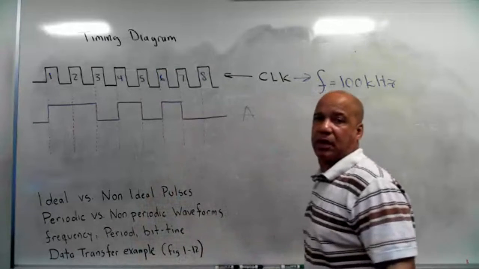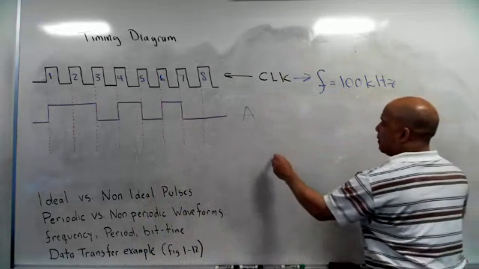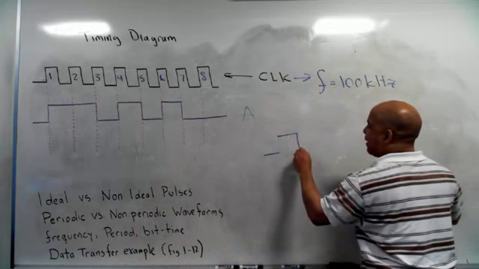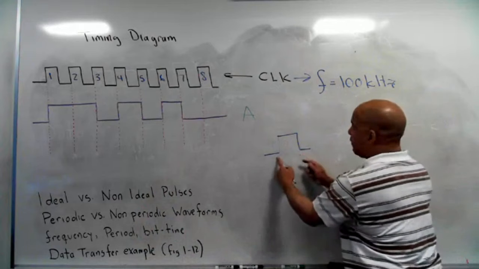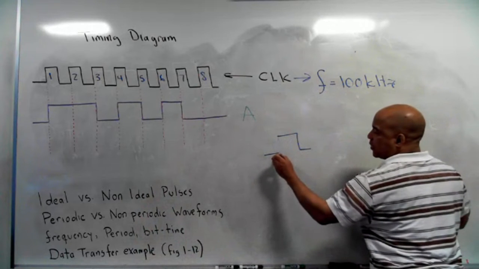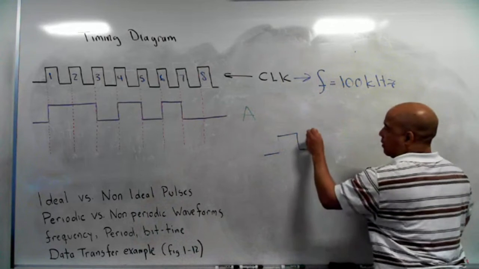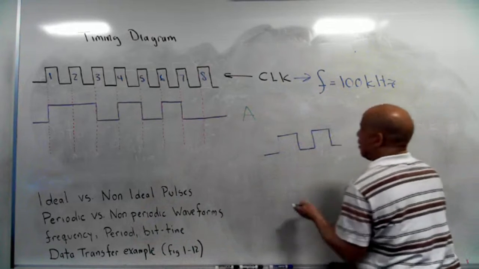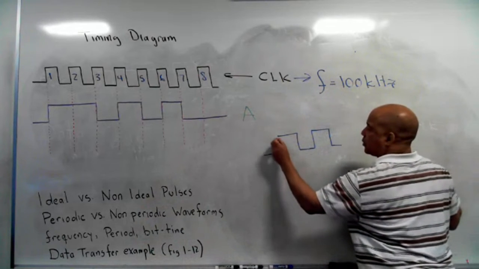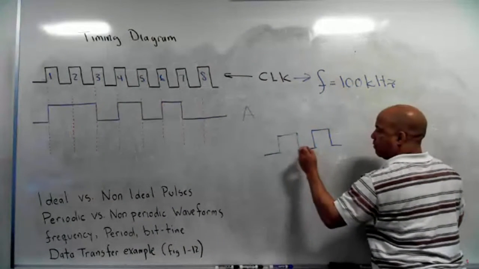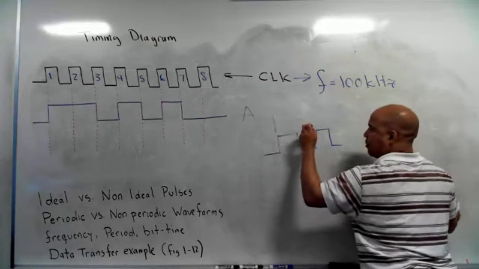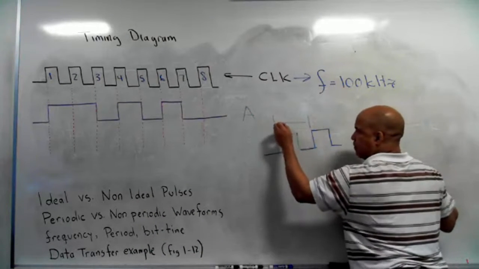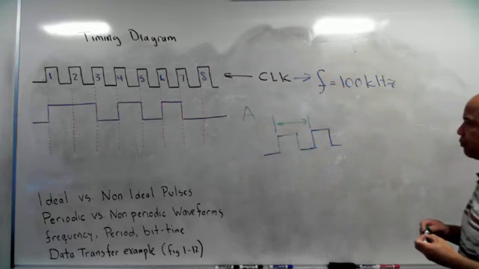So I've got 8 pulses from the clock. But remember, the bit time is not defined by the pulse width. The bit time is from the start of one pulse all the way over to the start of the next pulse. So the bit time, or the period, is that.